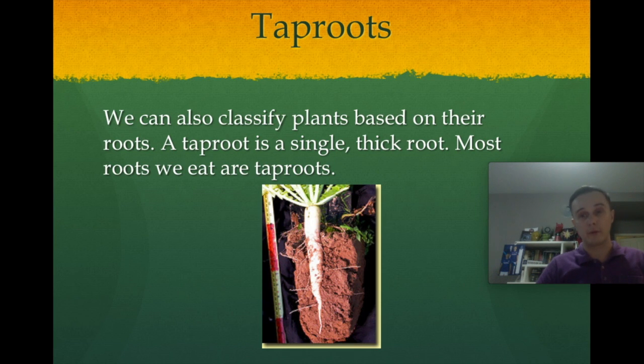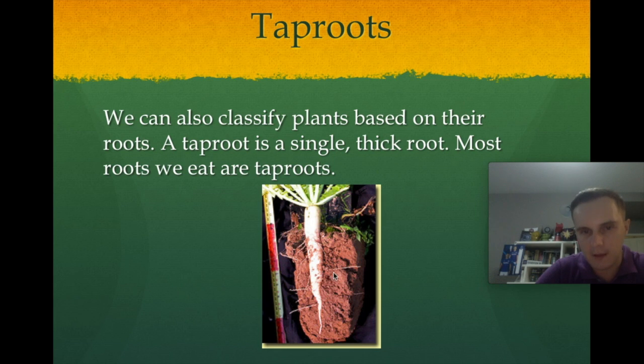When we talk about roots, we can classify plants based on the size of their roots. We talked last week about the roots that we eat. Can you remember those? We had carrots, radishes, turnips, and beetroots. They are big, thick roots. So it's just one big, thick root.